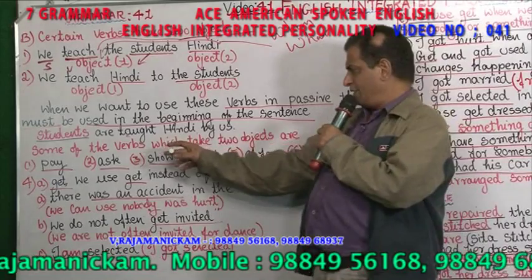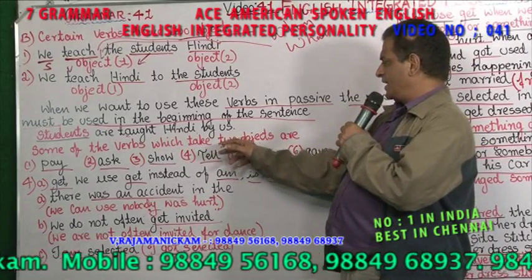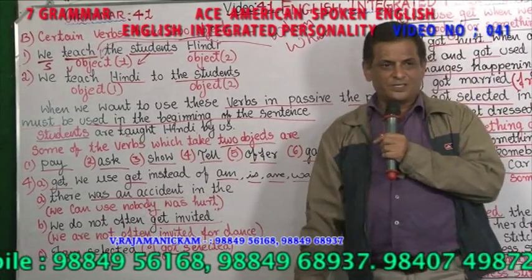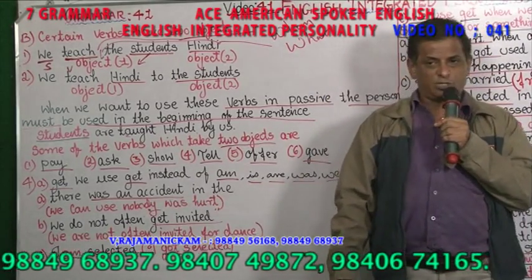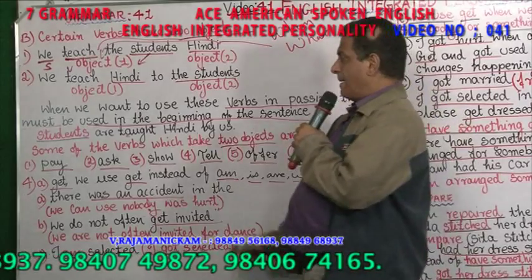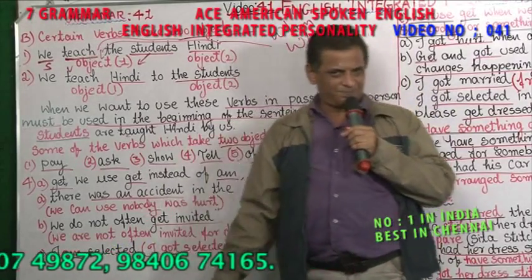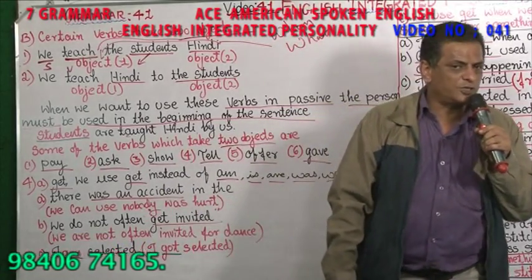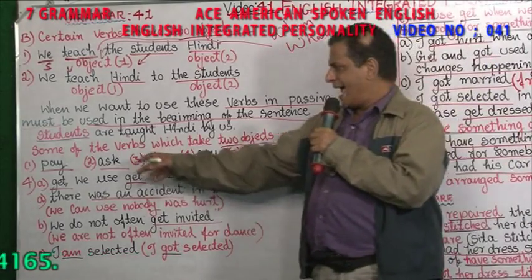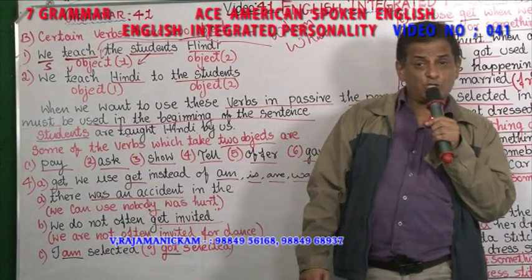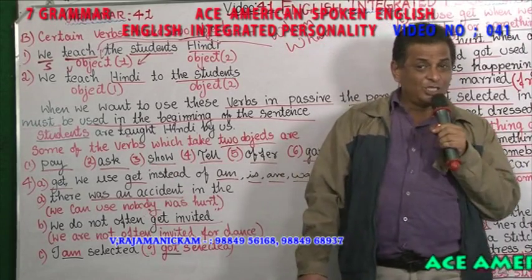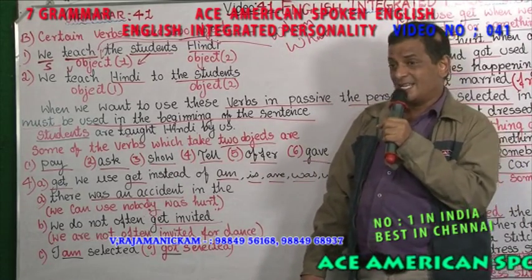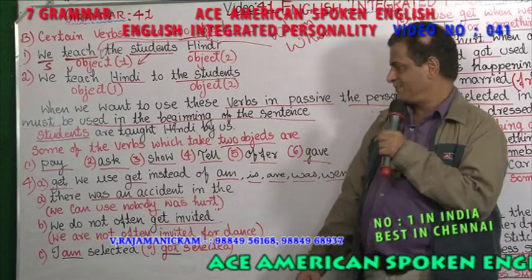Some verbs take only one object, and some verbs take two objects. What are the verbs which take two objects? Pay: I pay fine to the policeman. Ask: he asks questions to the teacher. Show: he showed his gift to his mother.